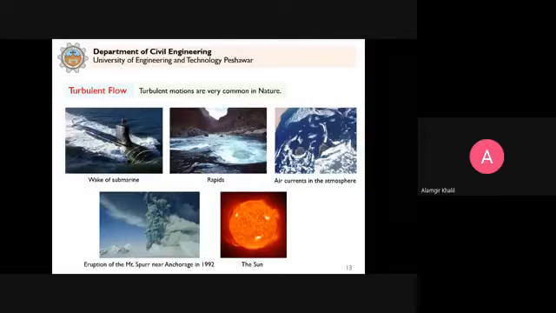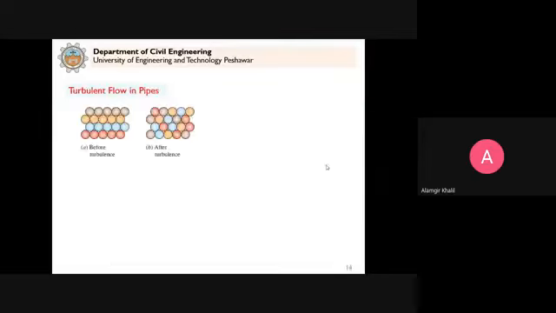Clear? Let us proceed. Now, turbulent flow in pipes, as you can see here, these are the fluid particles or molecules that move in regular paths. But when we have the turbulent flow, you can see here they mix together because of the turbulence.